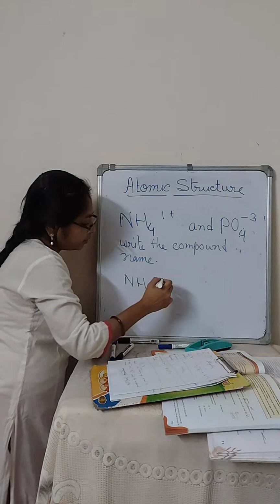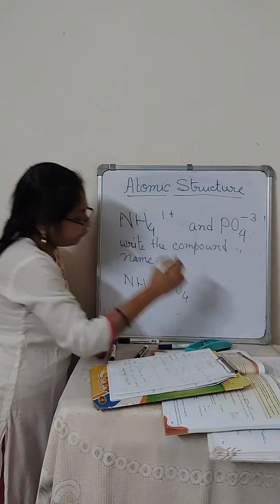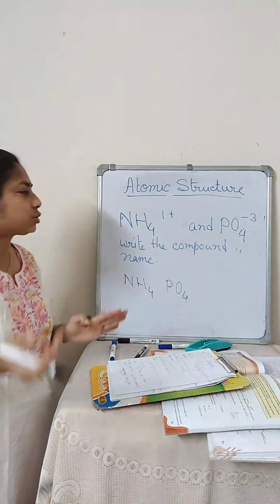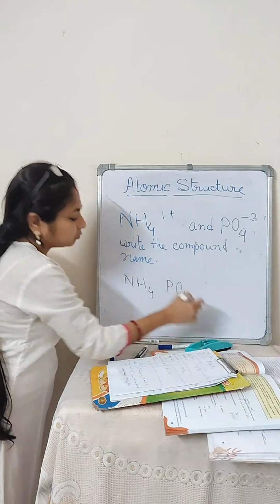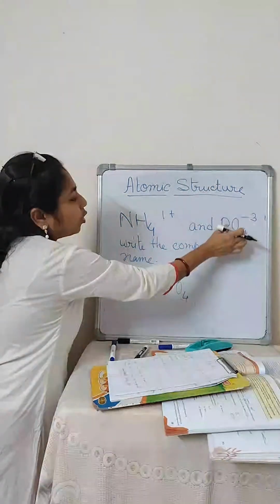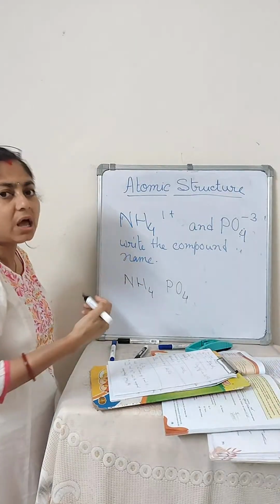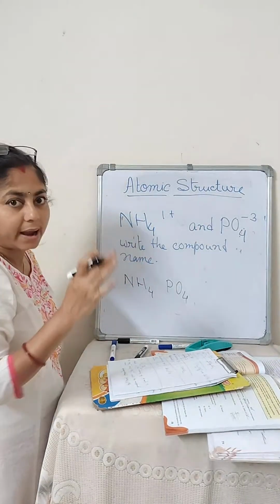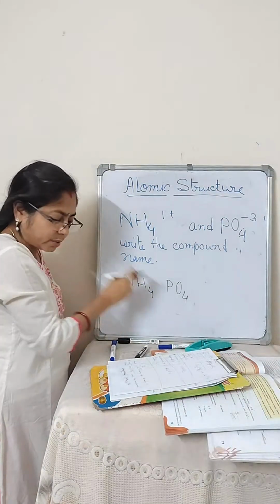NH4 and PO4. According to the crisscross method, NH4 valency is 1, so I write 1, no need to write it. PO4 valency is minus 3, but at the time of the formula I cannot write any plus or minus. I write only the numbers, so I write this one here.